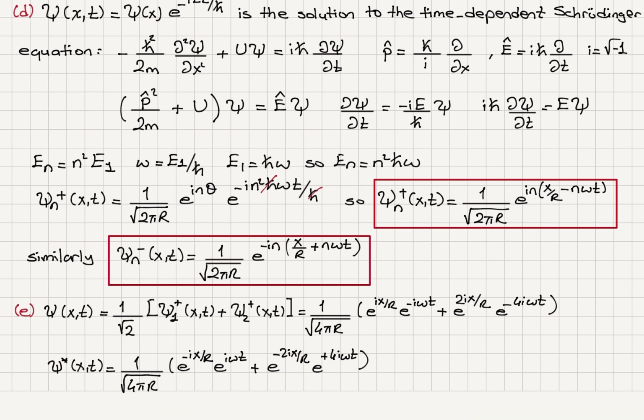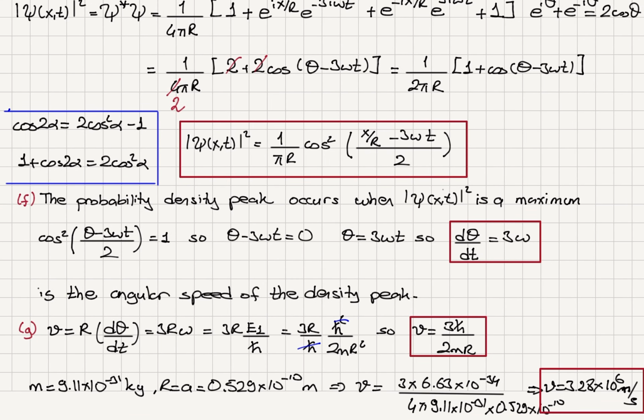First, we have written psi 1 plus of x and t and psi 2 plus of x and t, added them together, taken the complex conjugate, and multiplied them. And when we use this identity, we obtain this result for the probability density. Now we see we have cosine squared of some angle, and cosine squared is maximum when the angle is 0.